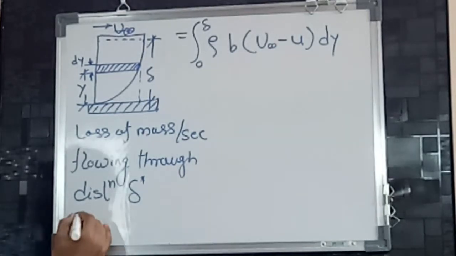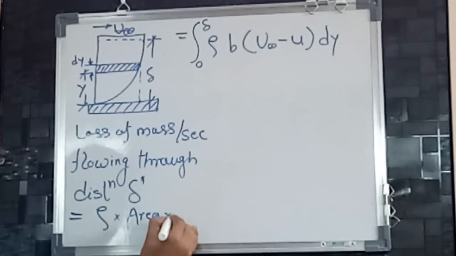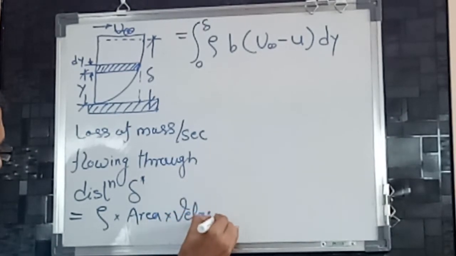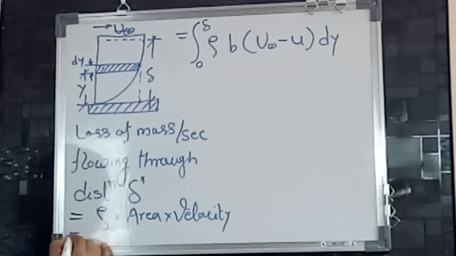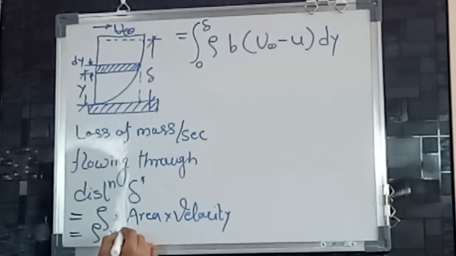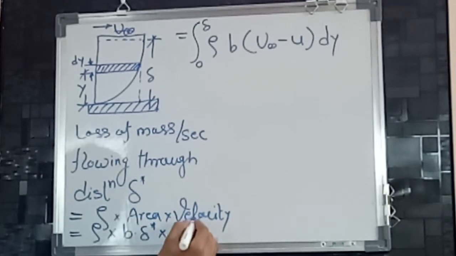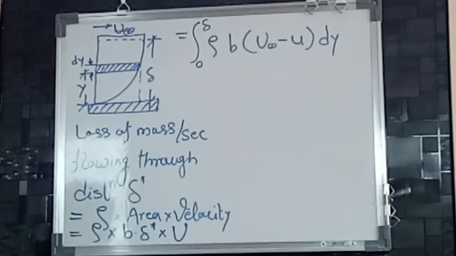We'll find out. Density into area into velocity. Rho, then area. What is that area? b into del star into velocity, that is u. This is the loss of mass per second.